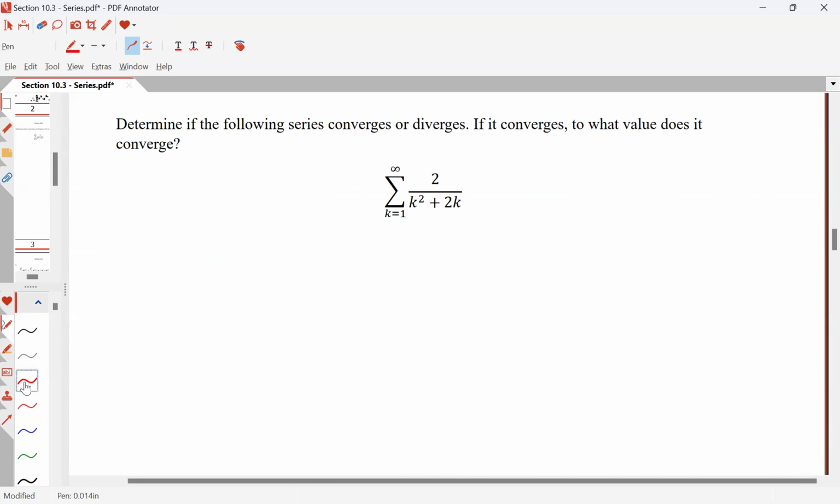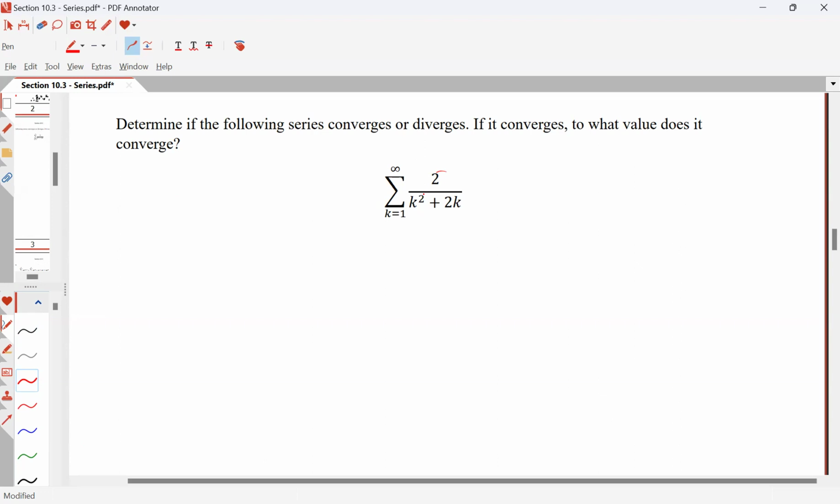And this sequence is such that we need to find some way to write it so we can easily look at the partial sums and see if we can find a pattern.